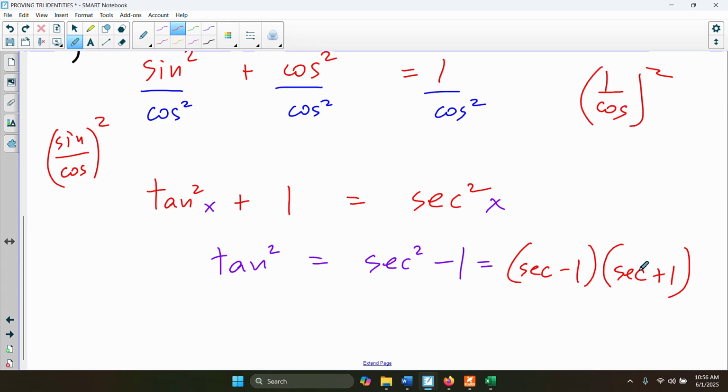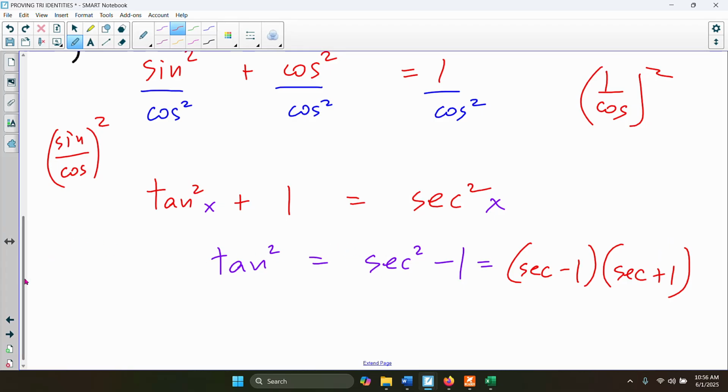That in itself is important because I might come across a problem where I have this and I could do something with that. Meanwhile, without this property, I have no idea what secant of theta plus 1 is. I just don't know. It depends on one. I'll stop right there.